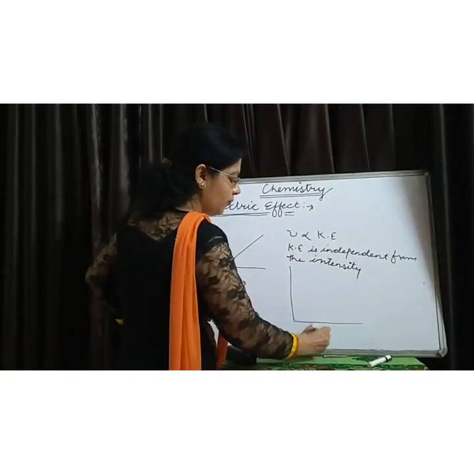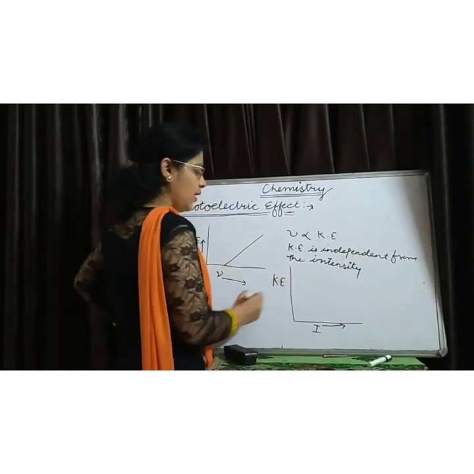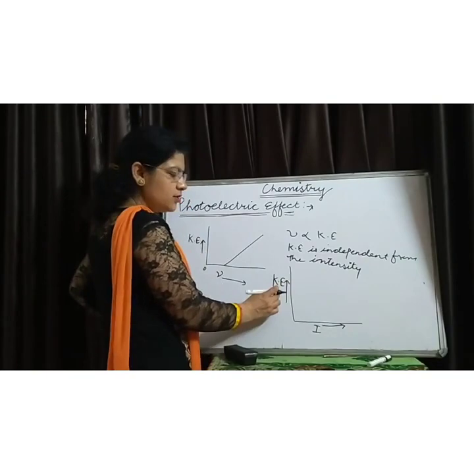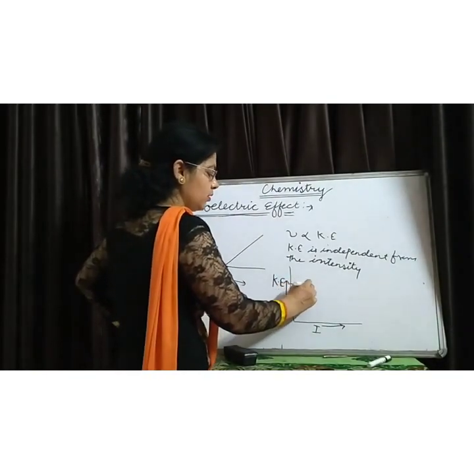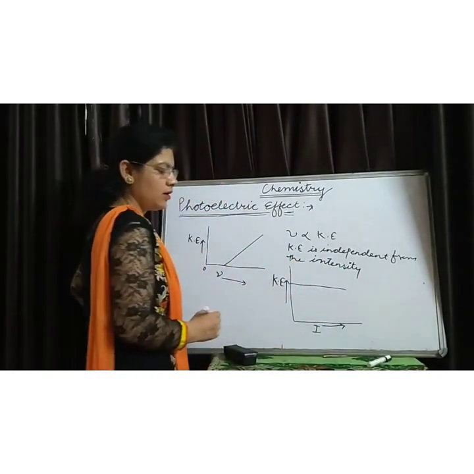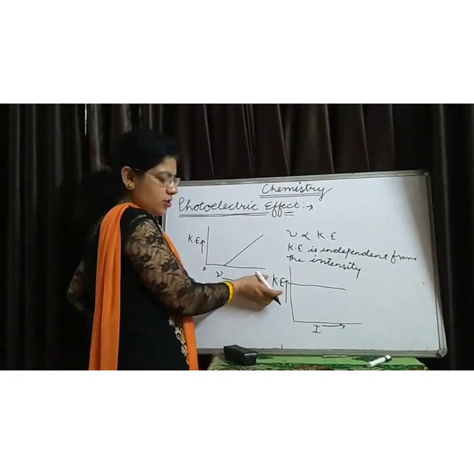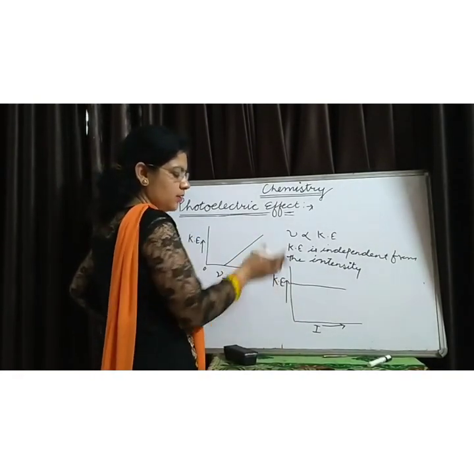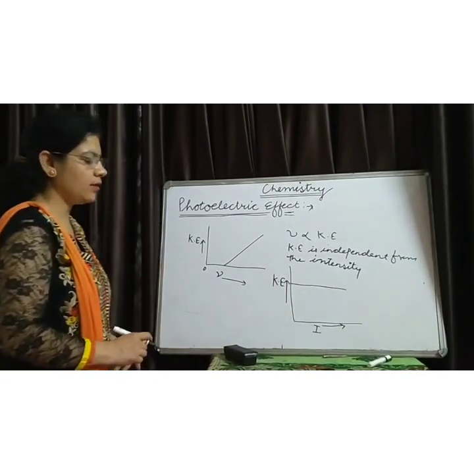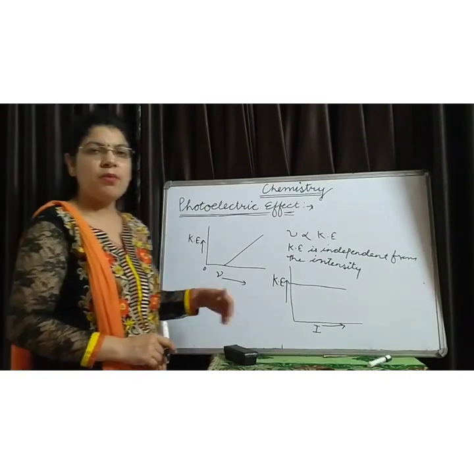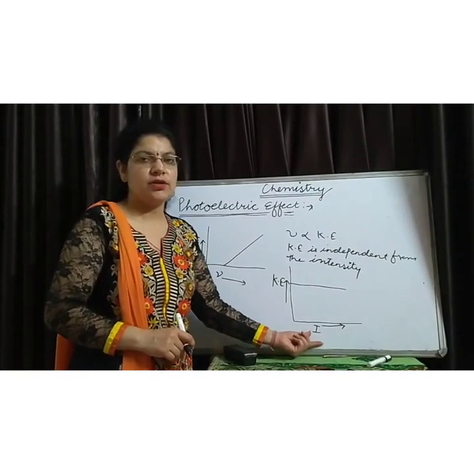If we plot the graph between the intensity and kinetic energy, as kinetic energy is independent of the intensity, we have a graph like this. This parallel line shows that the kinetic energy of the photoelectron is constant, or it does not depend upon the intensity of the radiation, but the number of photoelectrons depends on the intensity of the radiation.